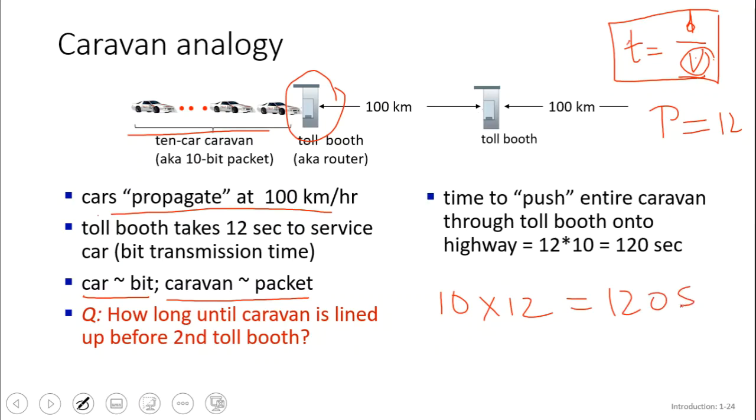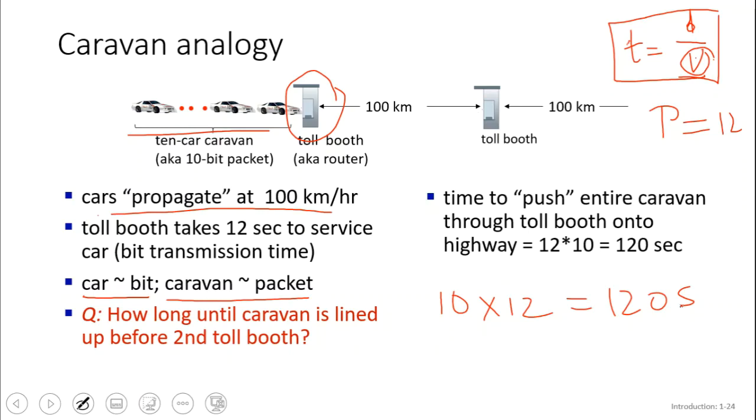So what should happen is that each and every car, or let's say the last car, will wait for the 9 previous cars to be processed before it gets processed, right?